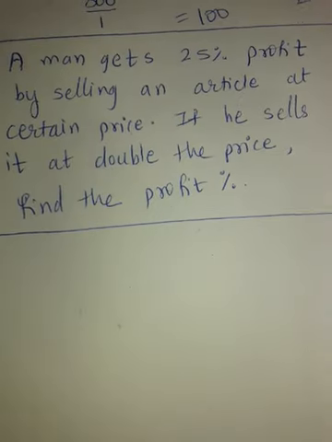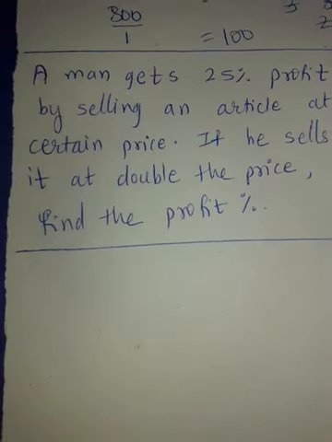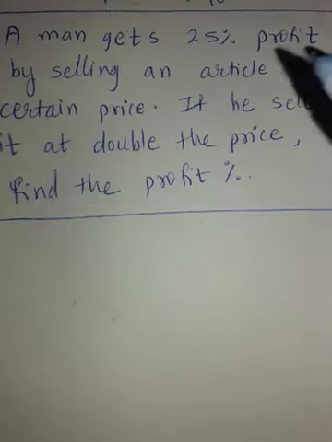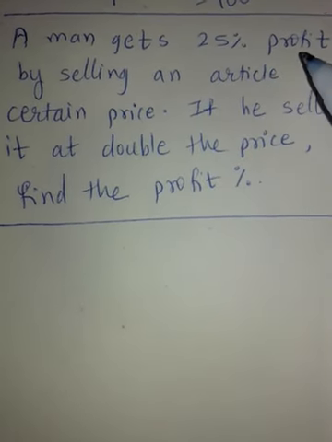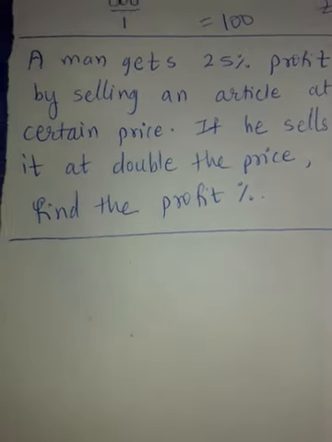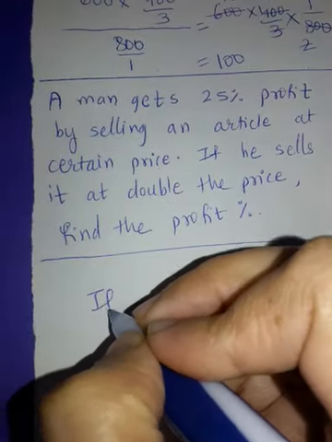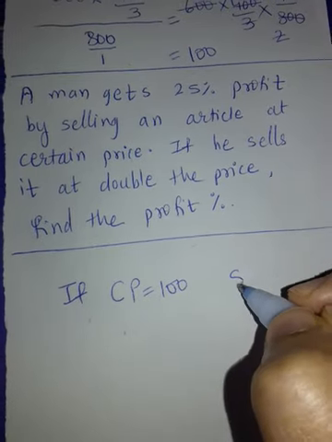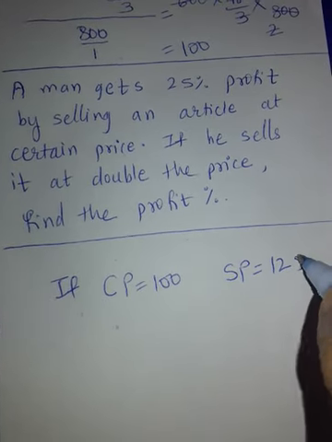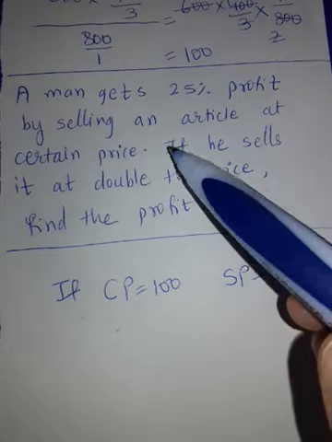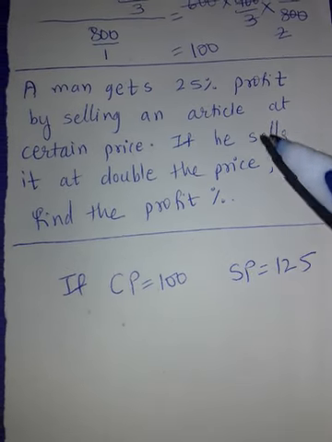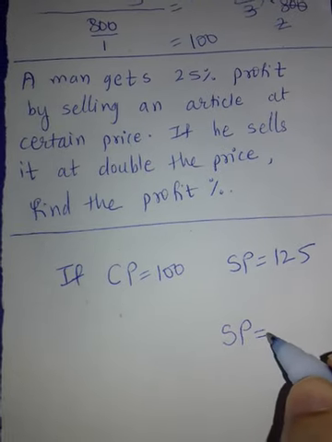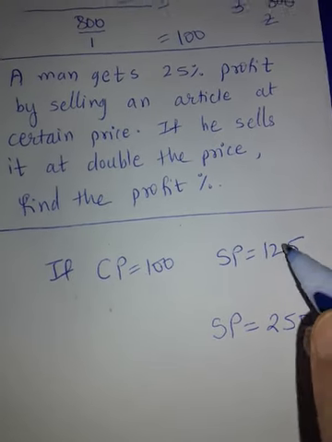Now what is our favorite shortcut or our favorite concept? If CP is 100, we will always start with if CP is 100. 25% profit means SP will be 125, correct? If CP 100, SP will be 125. But they are saying if he sells at double the price, so instead of SP 125, SP is 250, double of this.